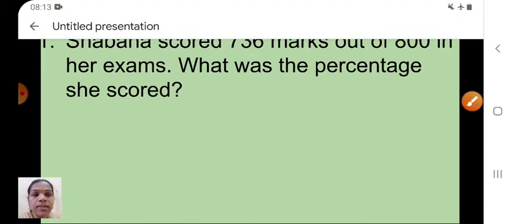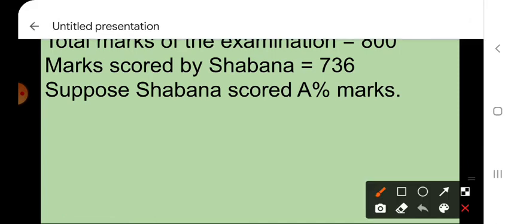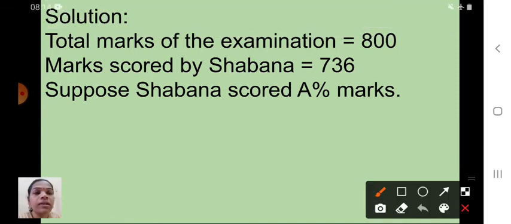Okay children, see here, the given statement I have written here: total marks of the examination is equal to 800. Marks scored by Shabana is 736. Total marks is this one and she scored this 736. What we have to find is the percentage of Shabana.